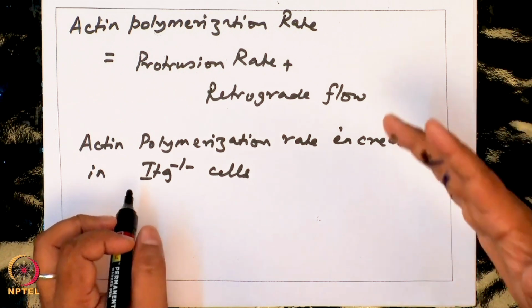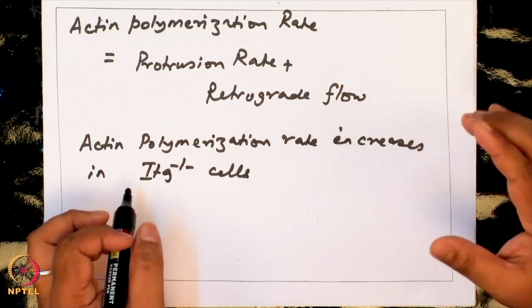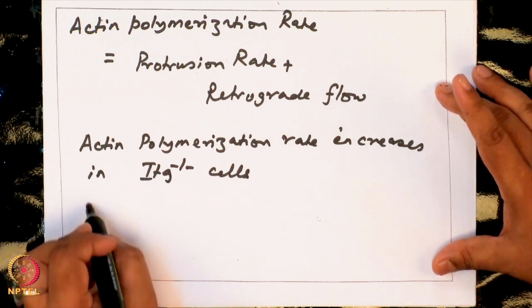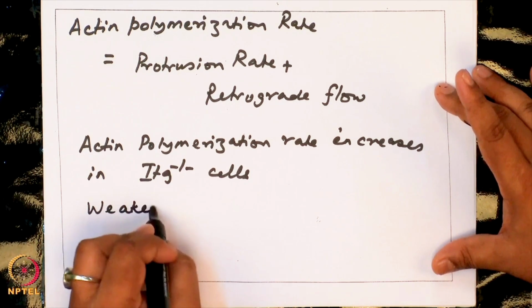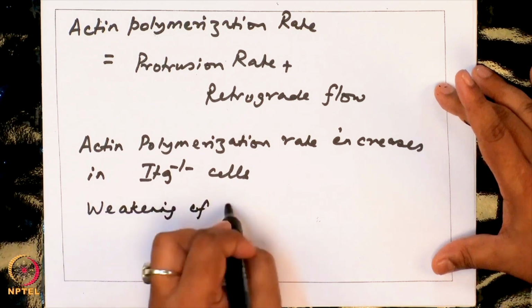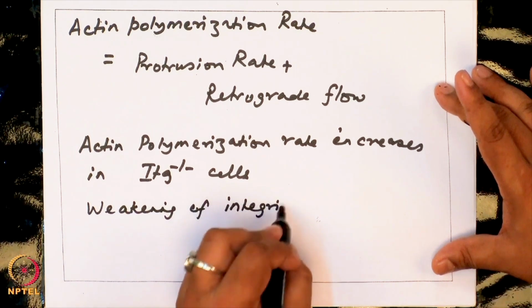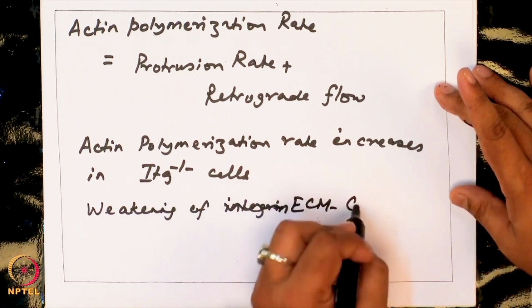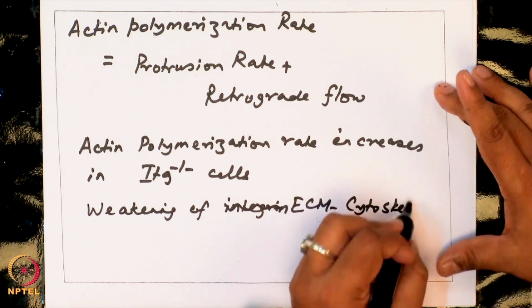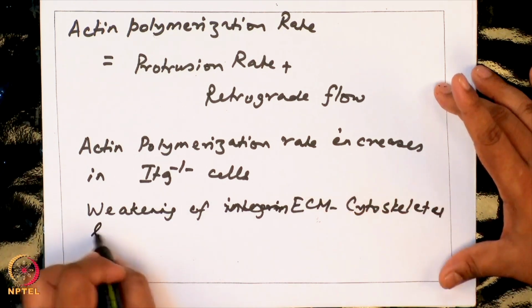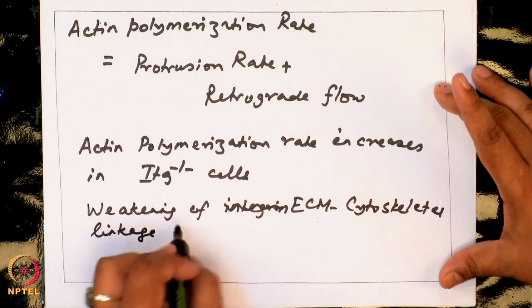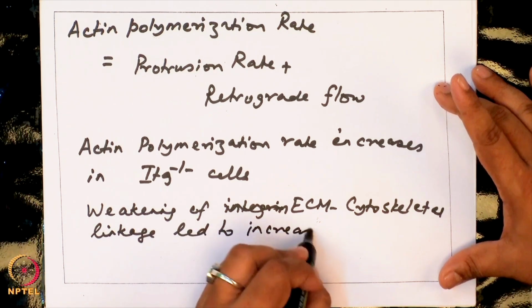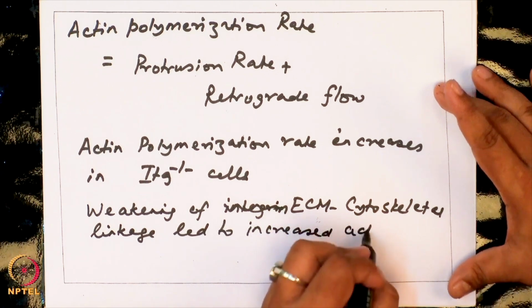And the authors then went on to show that any weakening of the ECM cytoskeletal linkage led to increased actin polymerization.